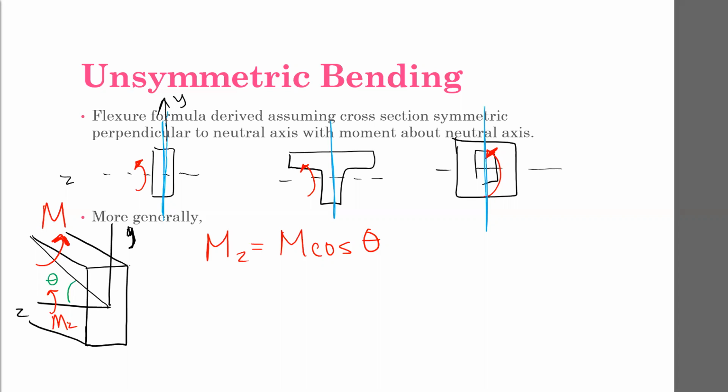Is that familiar? No? Okay, well then today you're learning. Believe me, when you take the moment and you multiply it by cosine theta, you're going to get the component that is about the z-axis. To get the component that's about the y-axis, we take that moment and multiply it by sine theta.